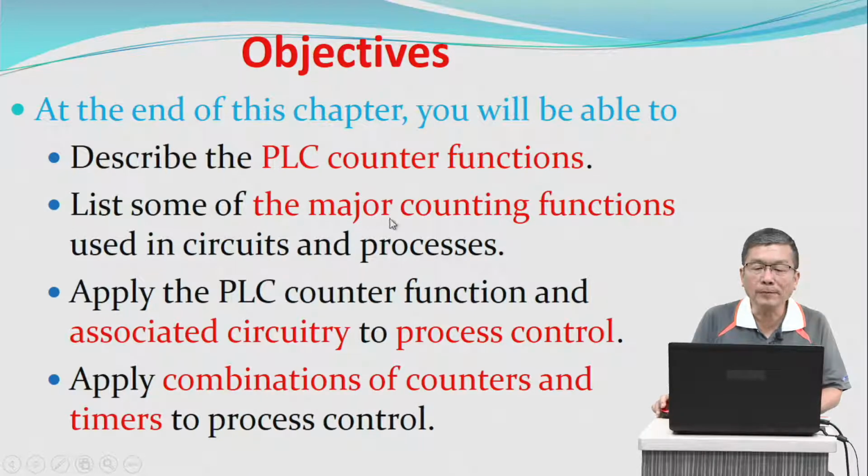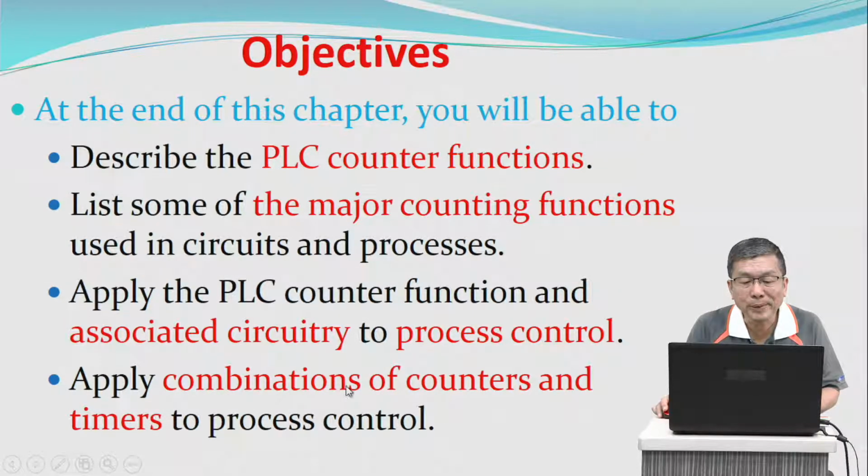These are some of the major counting functions used in circuits and processes. Apply the PLC counter function and associated circuitry to process control. Apply combinations of counters and timers to process control.